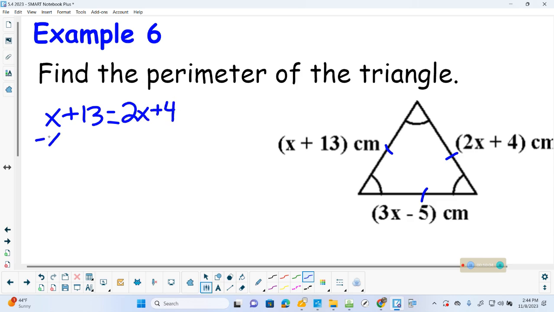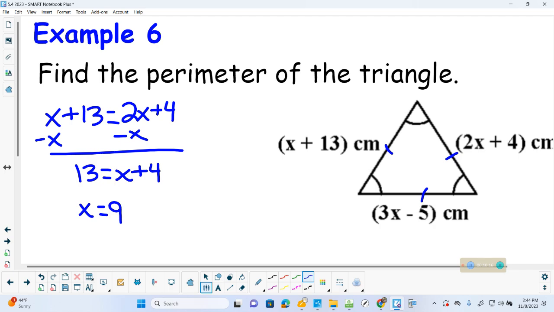I'm going to subtract x so we have all our x's on the same side. You probably already have an answer for x. X equals, what do you got? 9. Now, we need the perimeter. So I'm going to plug 9 in and figure out the length of a side. Doesn't matter which one of these you plug it in. I'm standing here at the right, so I'm going to put it in this one. What's 2 times 9? 18 plus 4. So each side's 22.